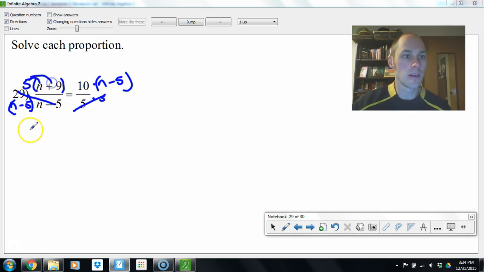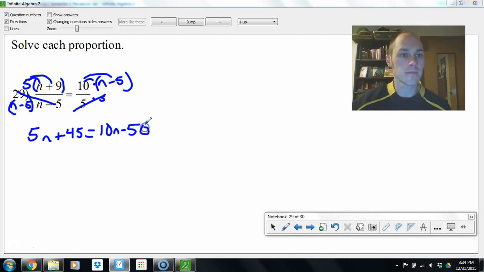So then we distribute: 5n plus 45. And on the right side we'll have 10n minus 50. Get the n's together on one side, so I'm going to subtract 5n, which leaves me with 5n minus 50. And on the left side I just have a positive 45.